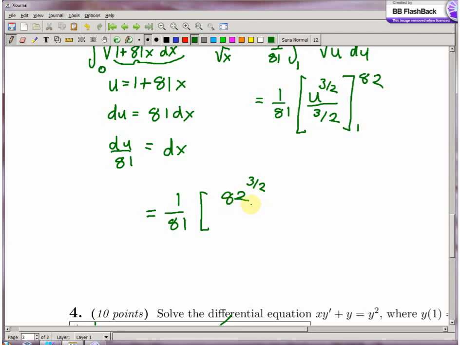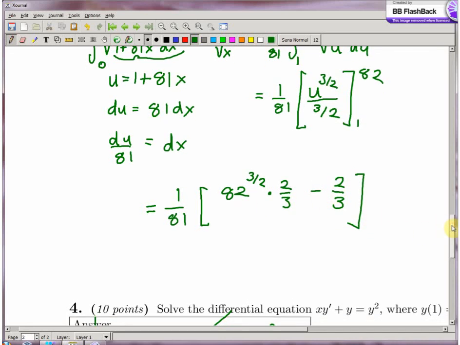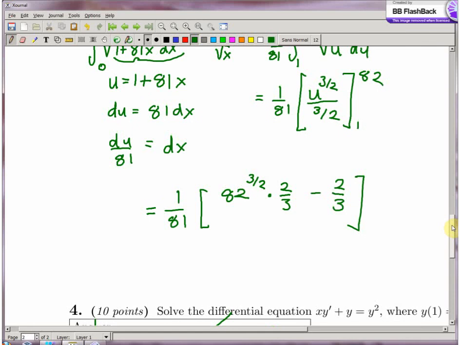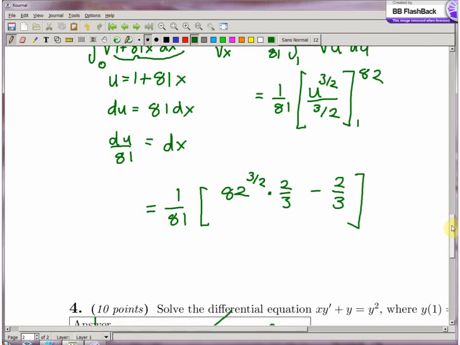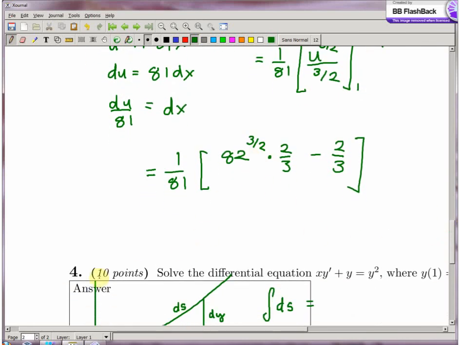And on the bottom, you've got 3/2, or you could just do the same thing as to multiply this by 2/3. Alright, and then you subtract away what happens when you plug in 1, and when you plug in 1, you get 2/3. Alright, and you could factor out the 2/3, etc. But we'll just leave it there, because I don't know what 82 to the 3/2 is going to be.